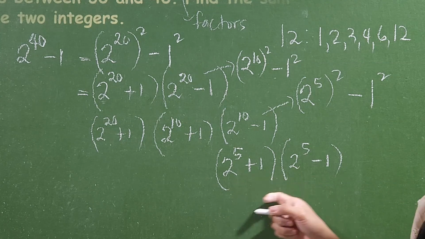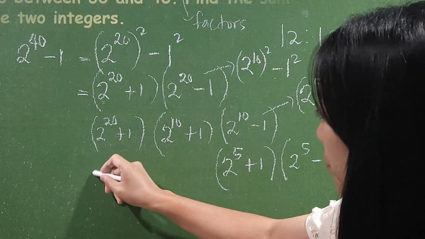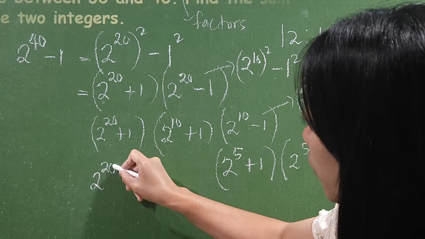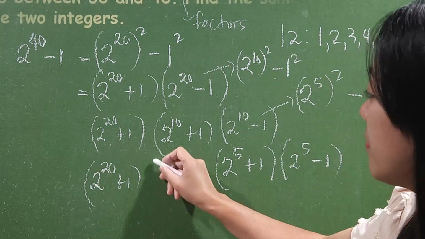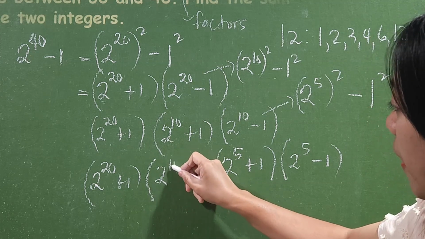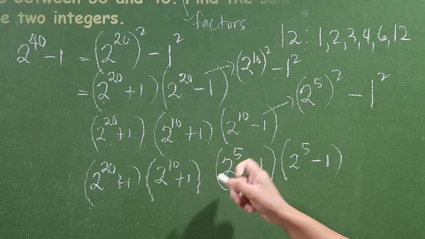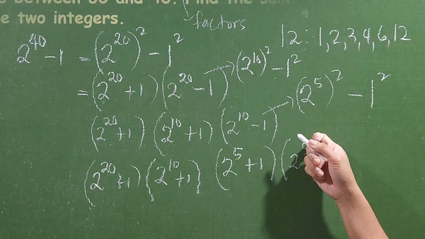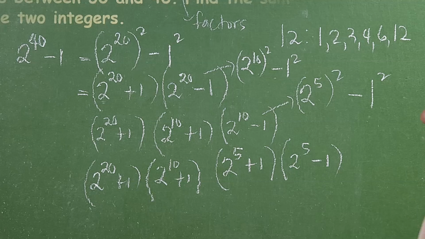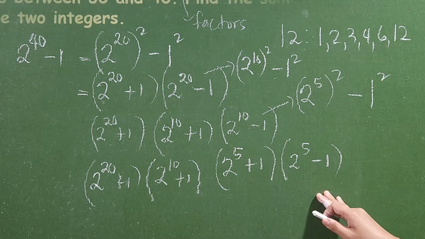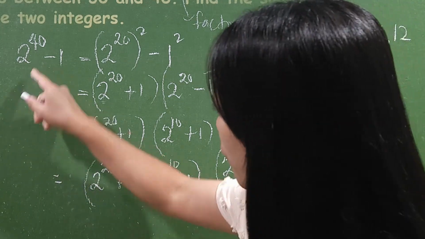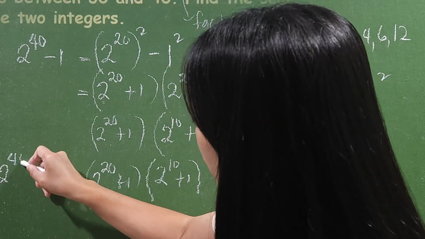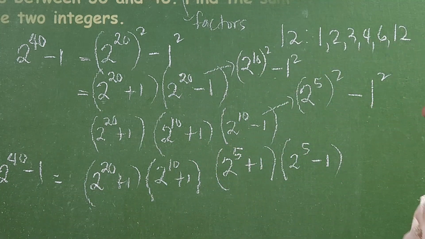We can no longer rewrite this one. So let's bring down 2 raised to the power of 20 plus 1 times 2 raised to the power of 10 plus 1 times 2 raised to the power of 5 plus 1 times 2 raised to the power of 5 minus 1. So these are factors of this number 2 raised to the power of 40 minus 1.